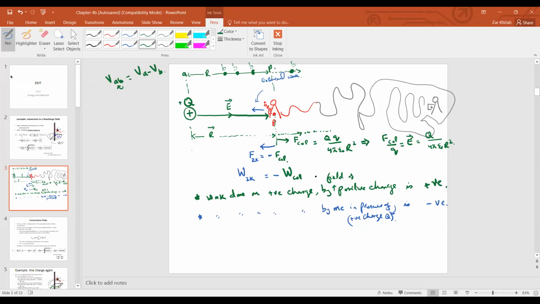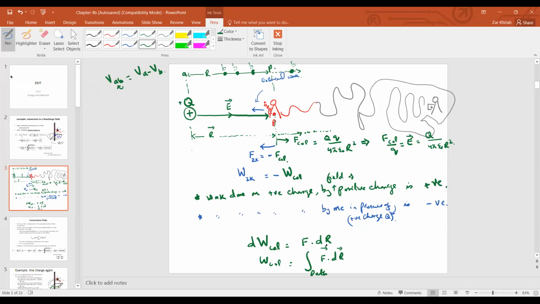So work: if I count on this work, the Coulombic work, W Coulomb is equal to the integral of F, the differential work being F dot dr, and if I try to calculate the whole work, I need to take the integral of F dot dr.